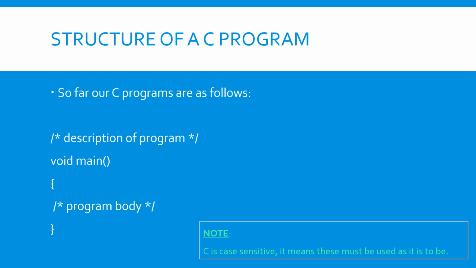The program skeleton will be like this: void main(), then comes the opening brace, after which the statements of the program will appear one after the other, generally known as the program body, and at the end there will be the closing brace. So all the statements will come within the main function. At this juncture, please know that C is case sensitive. So we shouldn't be mixing capital letters and small letters.